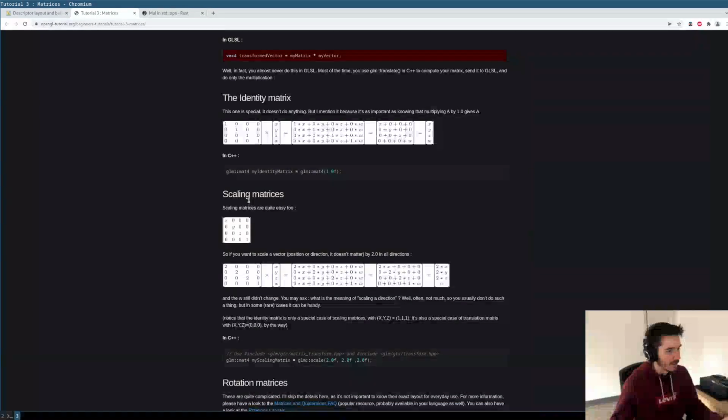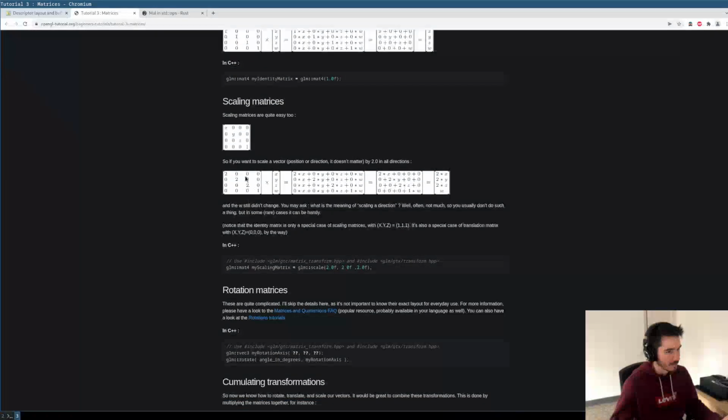The next one are scaling matrices, which is very simple as well, but instead of putting the coordinates in the last column to translate by that amount, we specify them on the diagonal. So we pass in three coordinates as well, and we just place them on the diagonal.